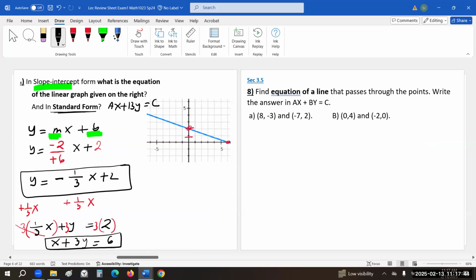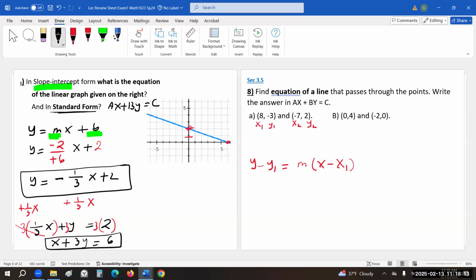Find the equation of the line with 2 points. You need the slope first because we need to plug into y minus y1 equals m x minus x1. So x1, y1, x2, y2.